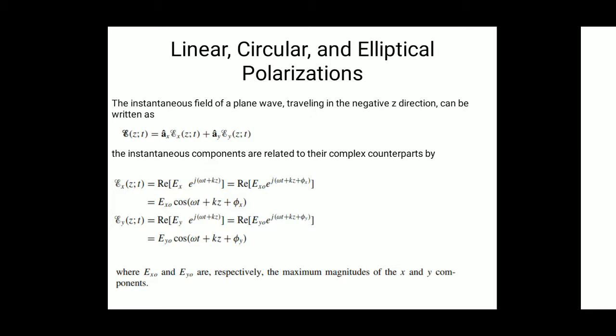So we can write it in sinusoidal form: Ex0 cos(wt + kz + phi x). Similarly, the y component: Ey0 cos(omega t + kz + phi y), where Ex0 and Ey0 are the maximum magnitudes of the x and y components.